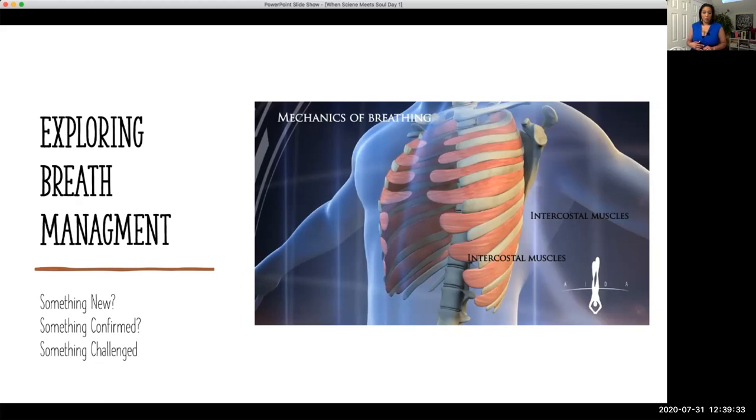So we use head register, chest register. I say head voice for short, with the intention of meaning head register function. Chest voice, chest register, dominant function. So I hope that clears some things up.